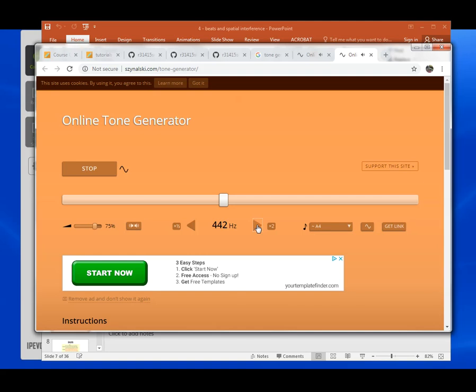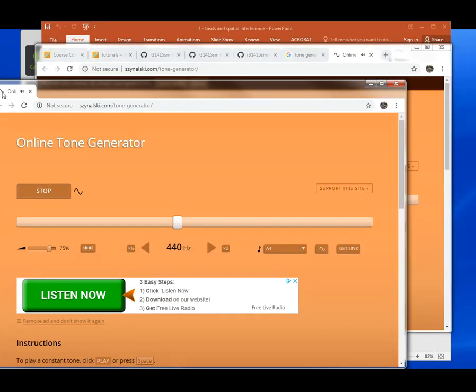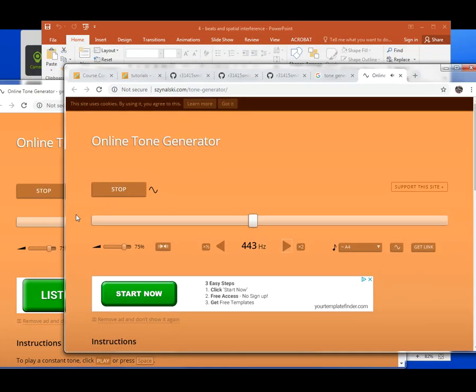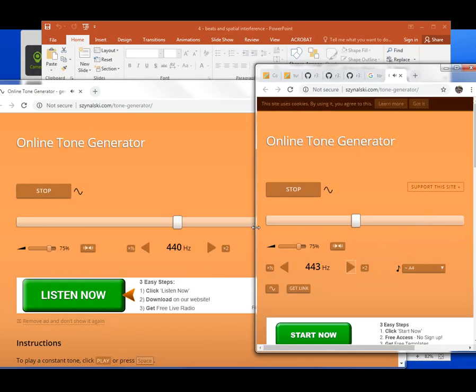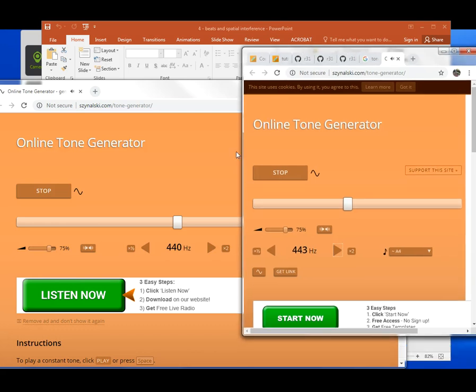Now 2 hertz. Can you hear 2 times per second? 3 times per second. So now it's 443. Let's see if I can put these two next to each other here. Yeah, there we go. So here's the two. These two are interacting with each other now. I've got this one at 440 and this one at 443.